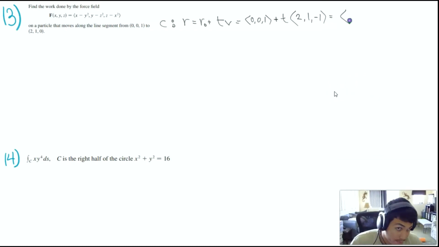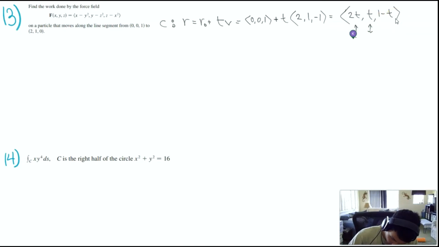Adding those two vectors, the vector addition would be 2t, t, and 1 minus t. See, 2t plus 0, t plus 0 is t, and then 1 plus negative t. That's equal to x, y, and z.